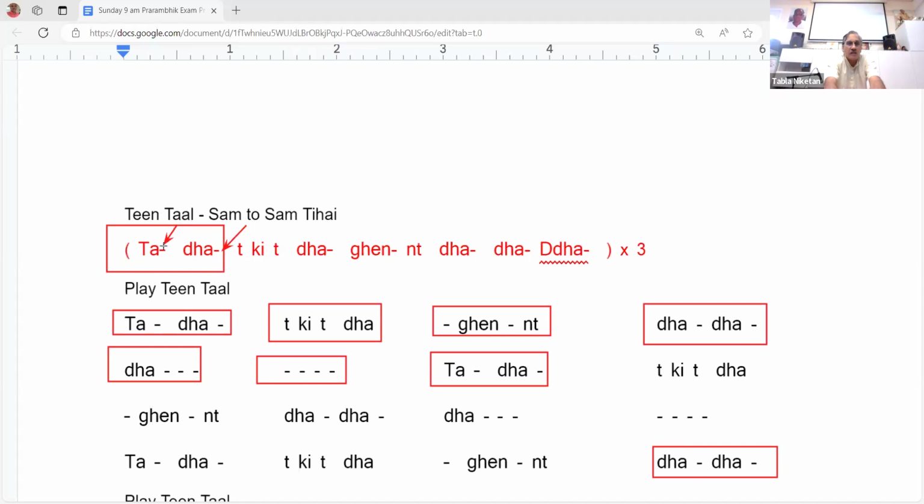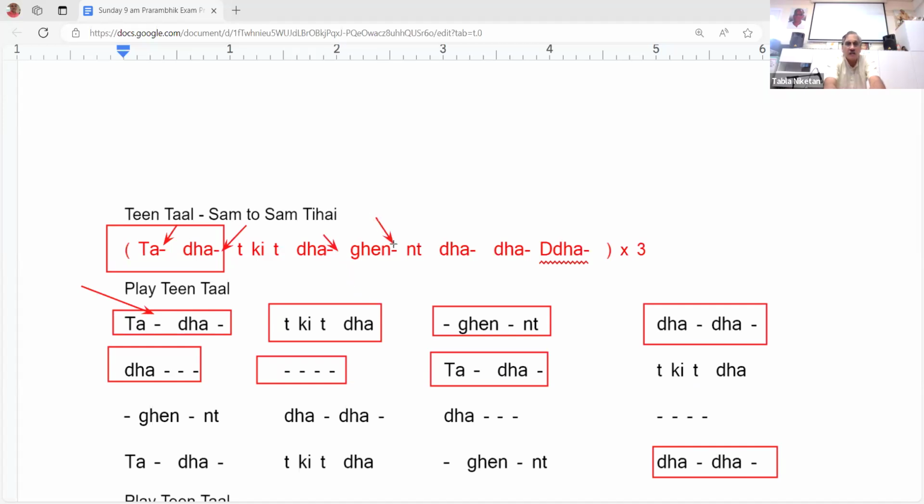Ta a dha a. Where there is a dash, Vedant, listen here, please. Don't try to play it, otherwise you're not able to understand it. So ta a dha a, and that's what you have seen here in the first beat. Ta a dha a, one beat. Ta ki ta dha, second beat.